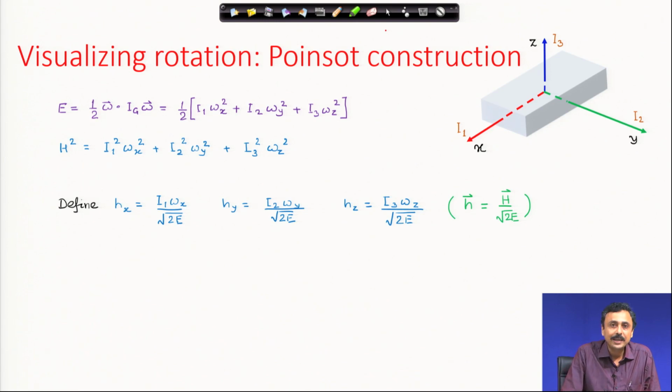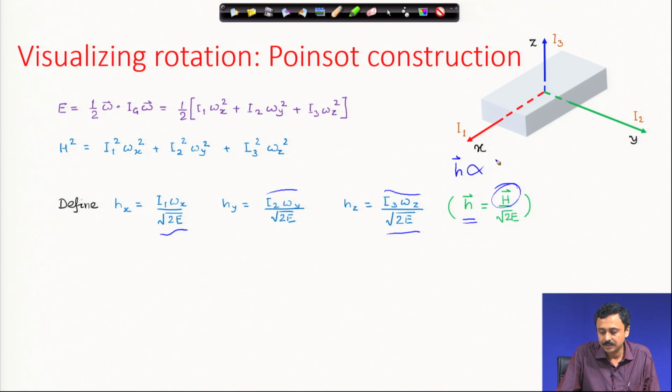Here I have used lowercase h x, lowercase h y, lowercase h z, which are I 1 omega x divided by a constant quantity in terms of energy, energy is a constant, I 2 omega y by that constant, I 3 omega z by that same constant, and you will notice this new vector lowercase h vector is equal to the angular momentum vector divided by a constant quantity 2 times under root 2 times the energy.